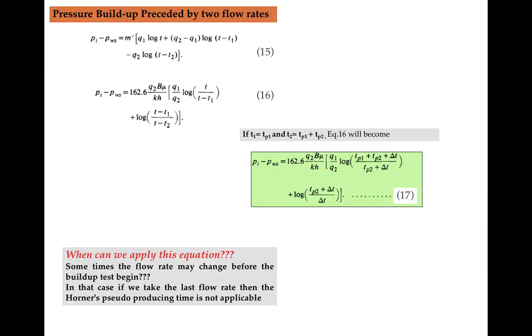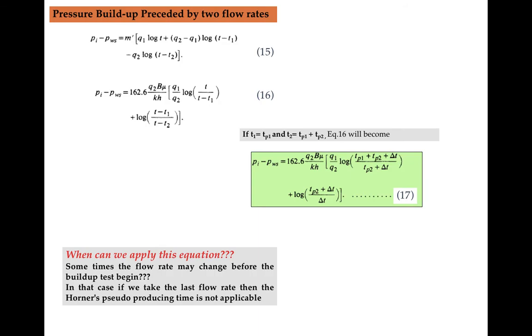Now sometimes we need this equation which is shown in this particular slide. What I have shown is pressure buildup preceded by 2 flow rates, right? So why do we need 2 flow rates? As we have said that in pressure buildup test, we are only concerned about the last flow rate, right?